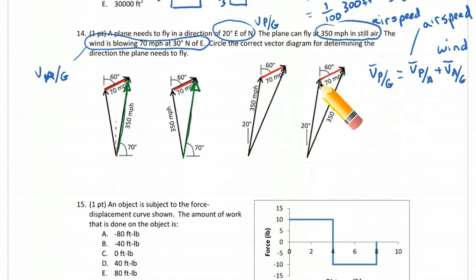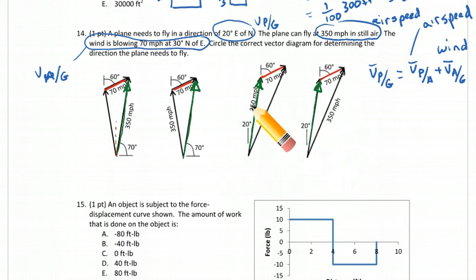It gets a little confusing here, but just to hopefully try and explain it. So the green vector is the 70 degrees north of east. The 20 degrees east of north, 70 degrees north of east. Okay, that's our velocity of the plane with respect to the ground.